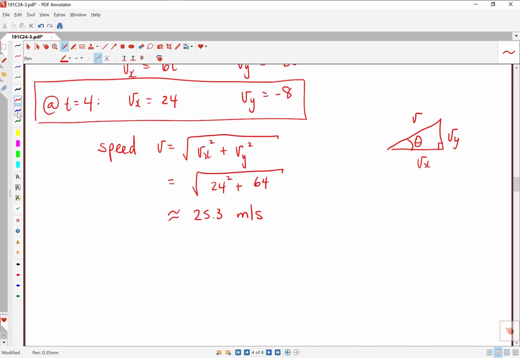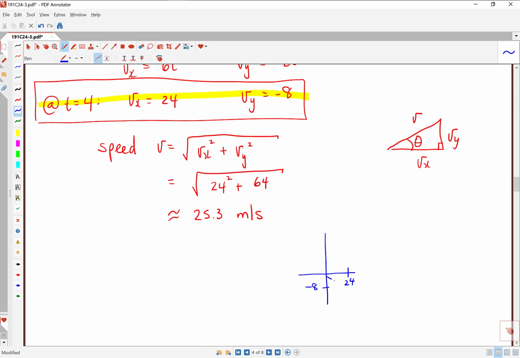Great, and then let's talk angle. From our previous angle discussion, we know that it's important to draw a sketch, even just a very rough sketch of our velocity vector, just so that we know what quadrant we're in. So let's look back up here at our horizontal and vertical velocity. We know horizontal velocity is 24, and vertical velocity is negative 8.